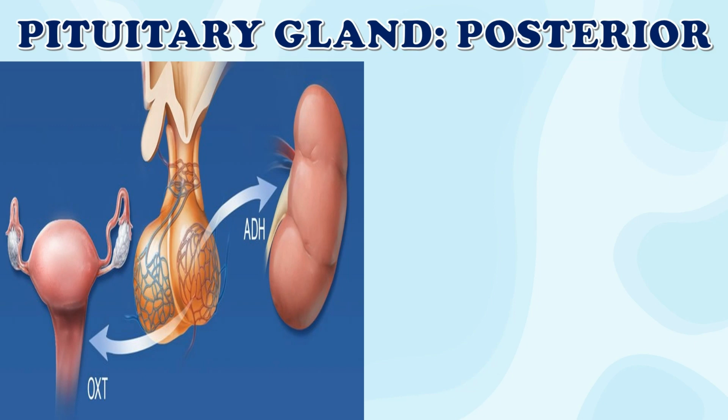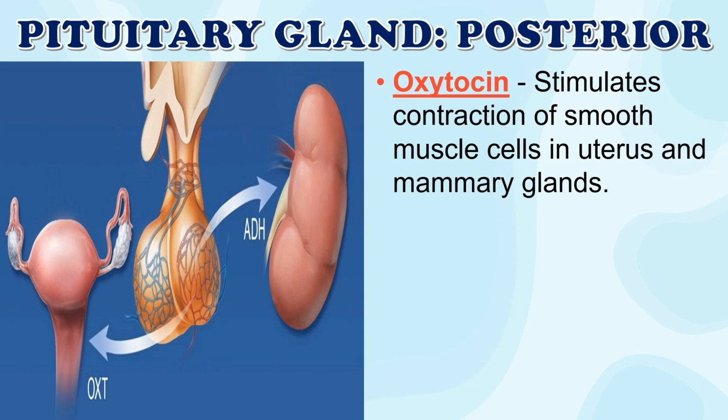So next, we have the posterior pituitary gland. First, we have oxytocin, which stimulates contraction of smooth muscle in the uterus and mammary glands. For muscle contraction, this is for childbirth, and it also helps to produce milk.